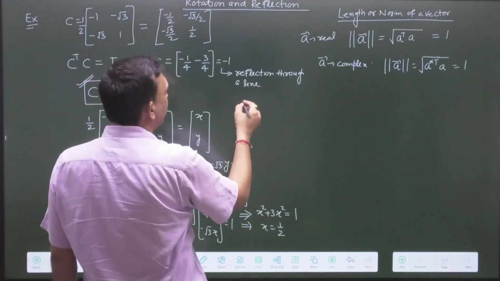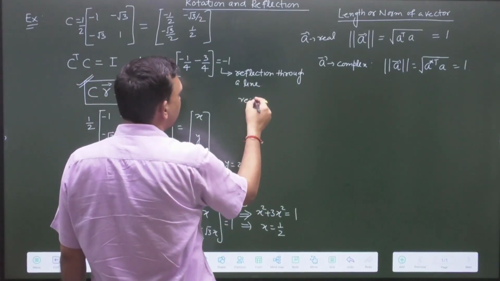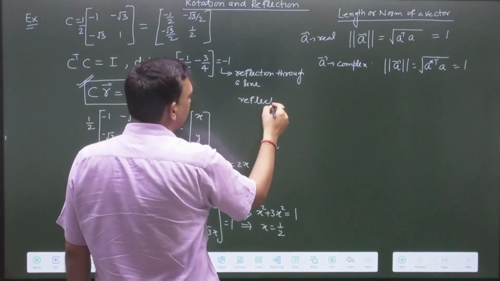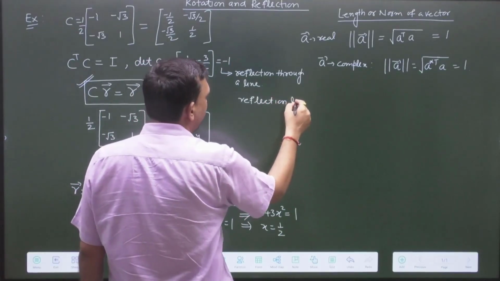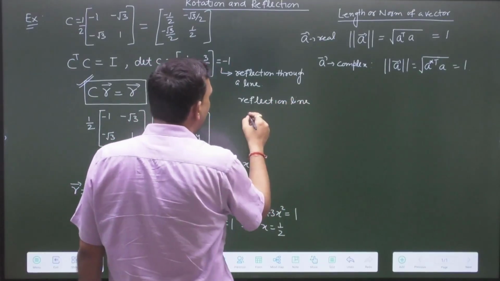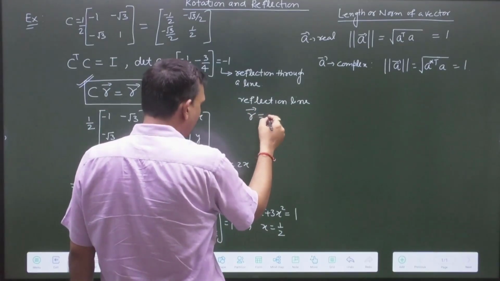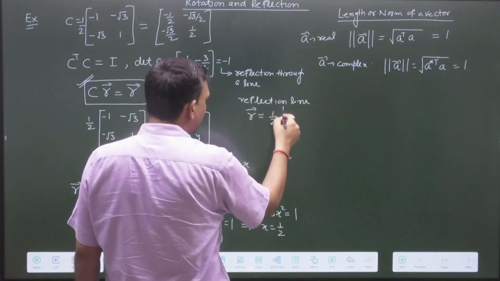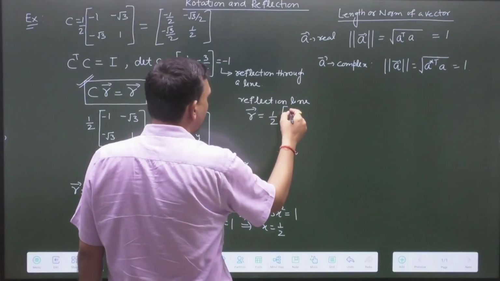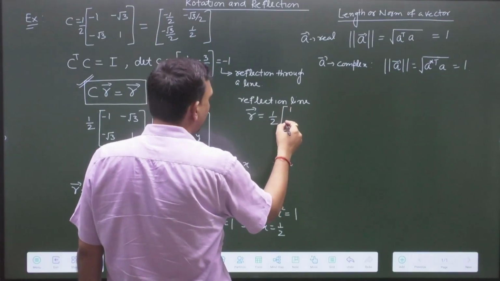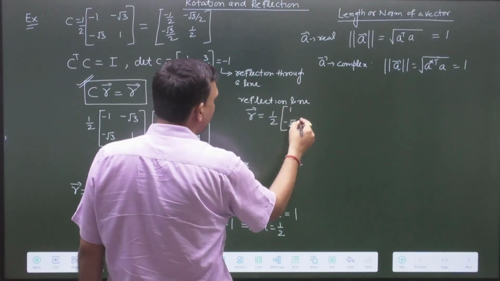So now the reflection line is given by R, and R is 1 by 2, 1 minus under root 3.